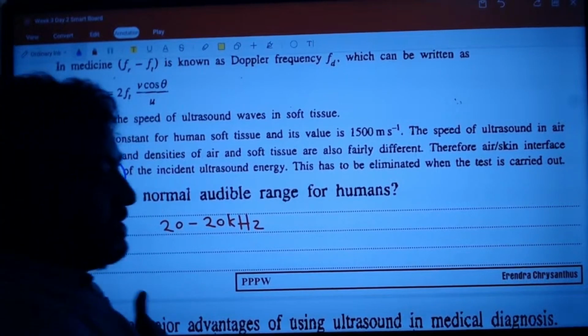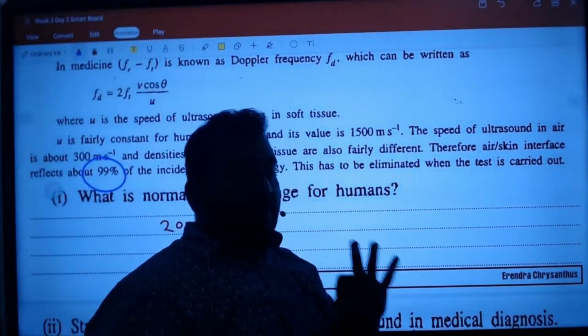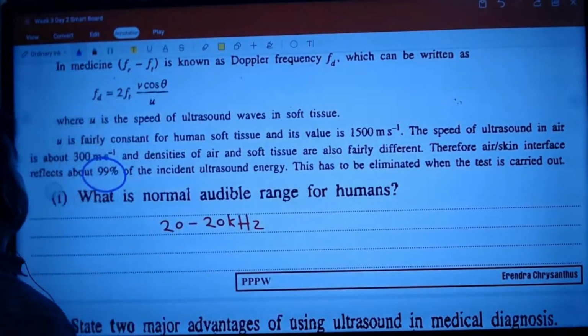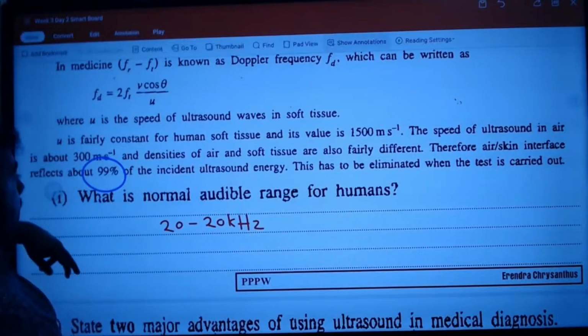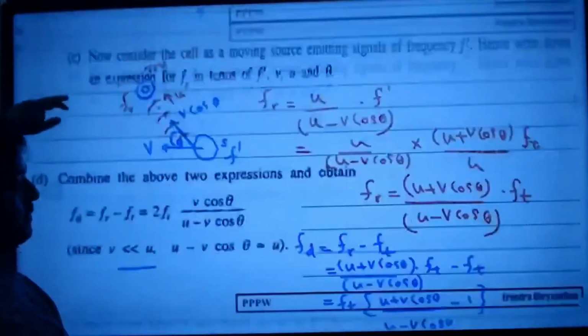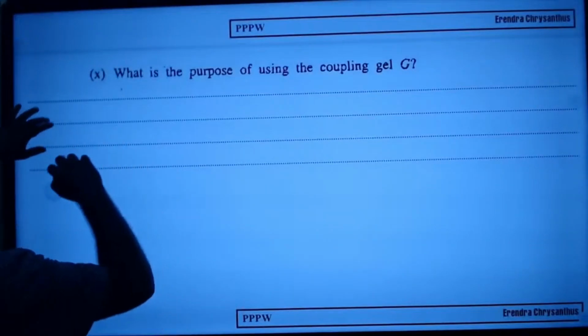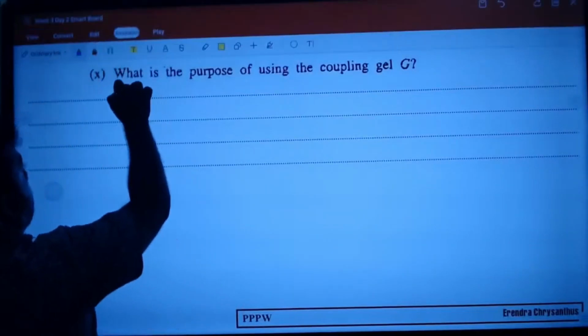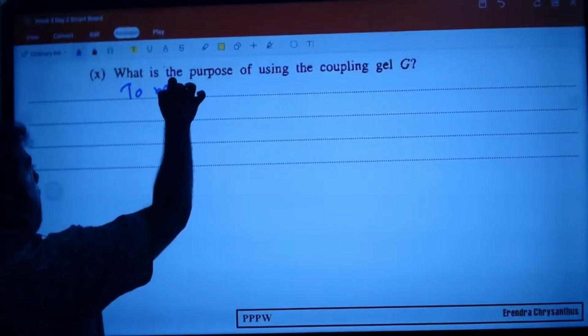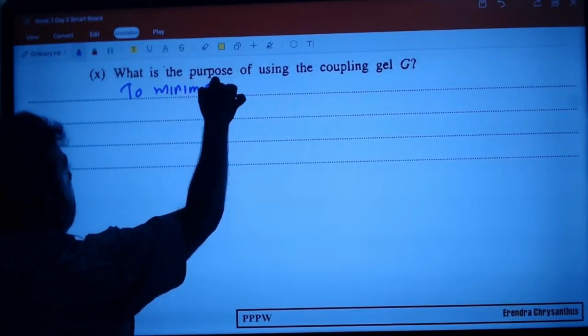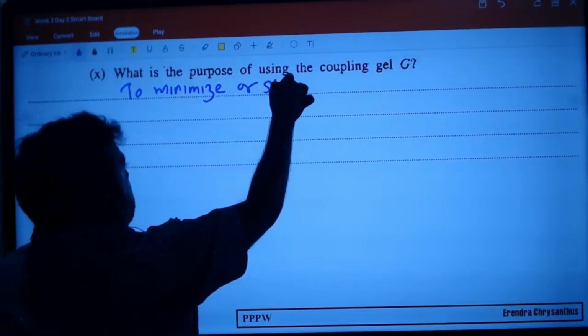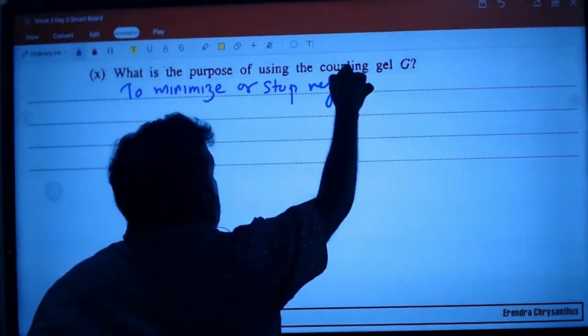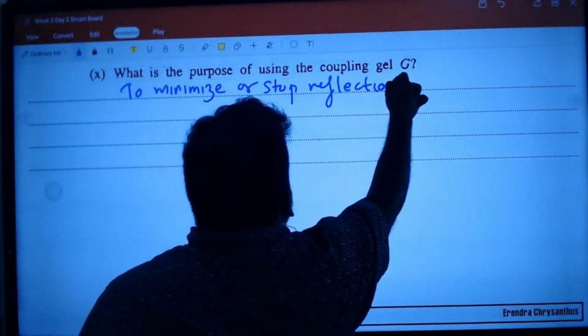So why do you put a gel there? To minimize or stop reflection from taking place.